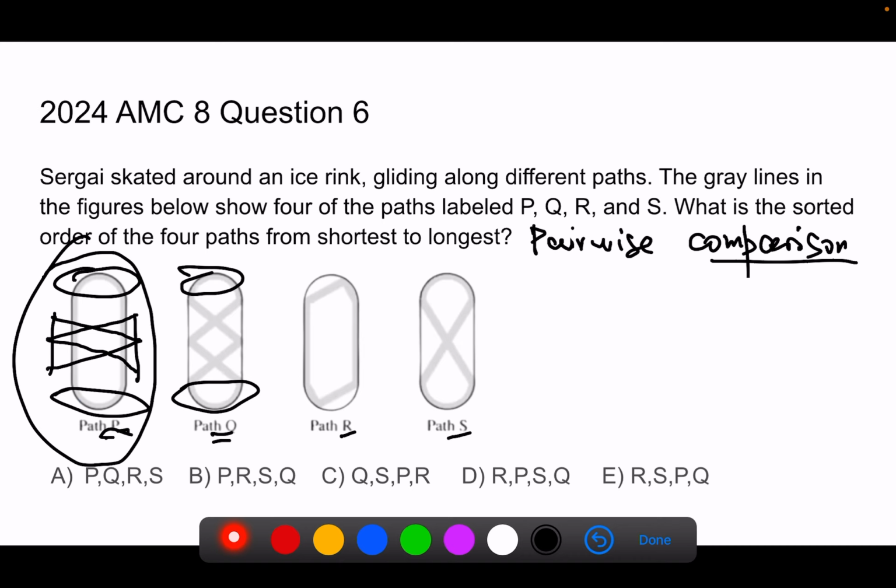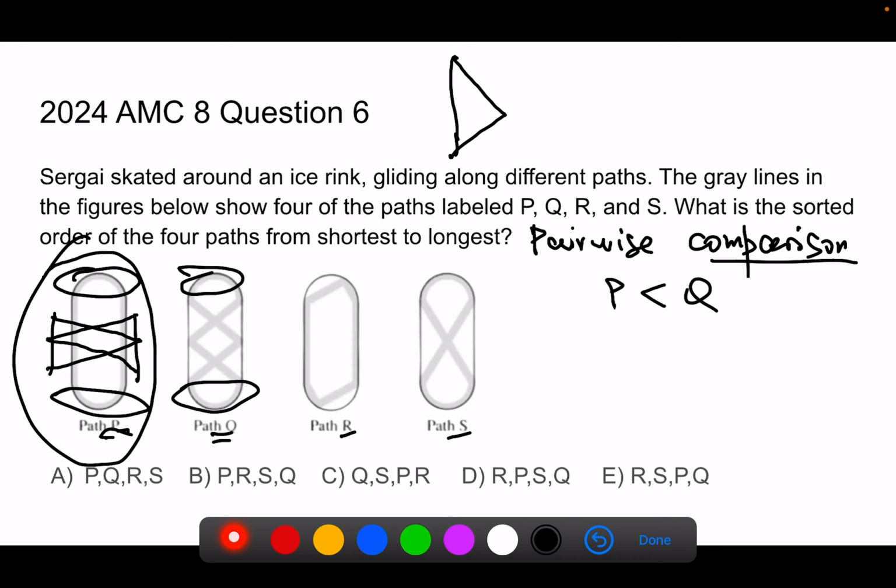In that sense, Q should be longer than P. Why? For P, it has a straight line, and for Q, the corresponding part is actually two lines. And between two points, the shortest distance is the straight line.